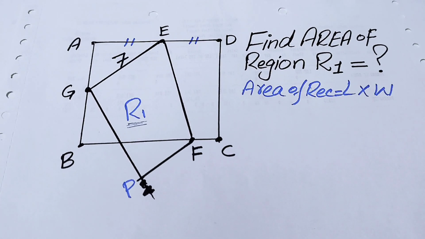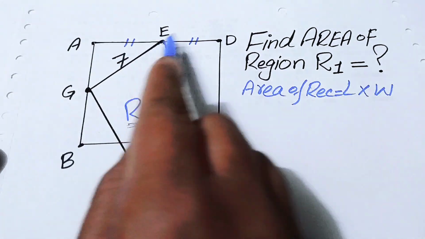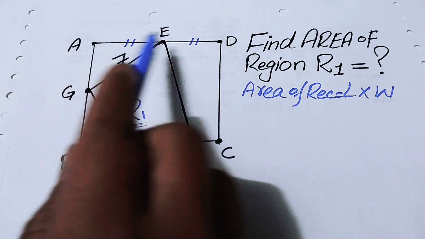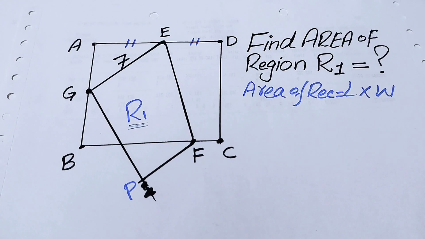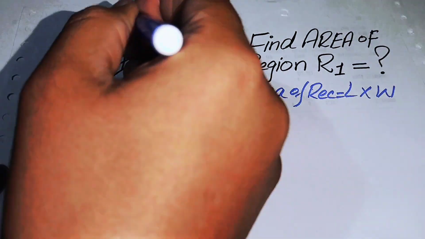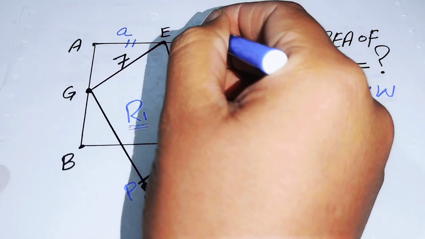In the figure you see here, the lengths of AE and ED are the same. Suppose the length of AE is a and the length of ED is also a.